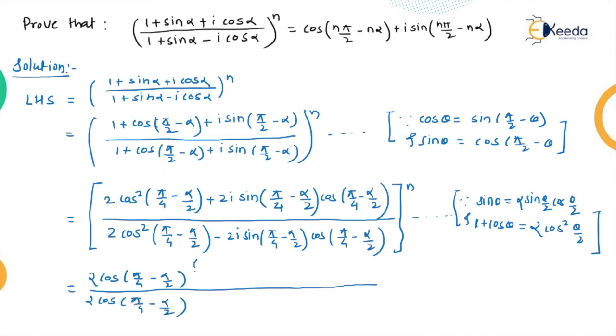Now in the bracket, what is remaining in this bracket? There is a remaining cos of (pi/4 minus alpha/2) plus i sine of (pi/4 minus alpha/2); the 2 is already common.